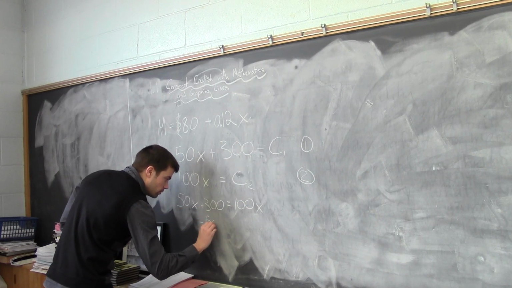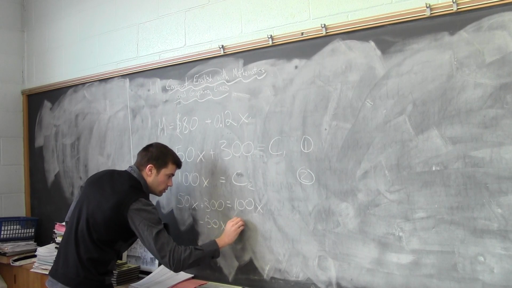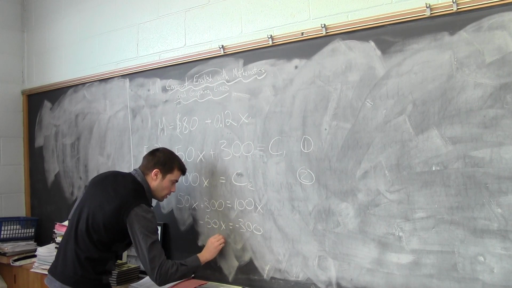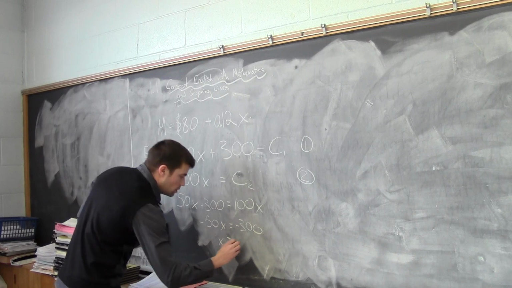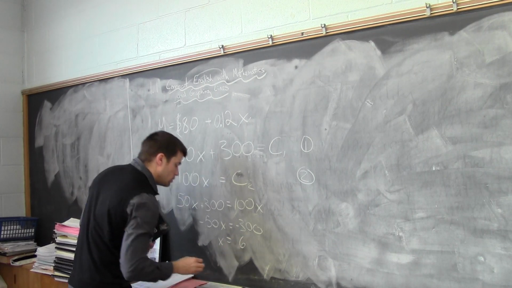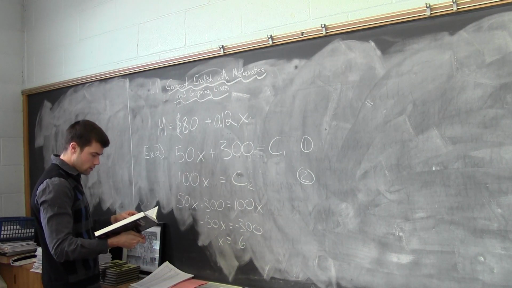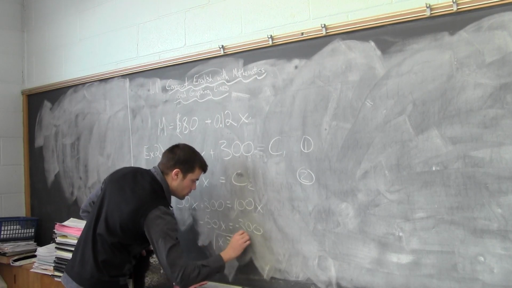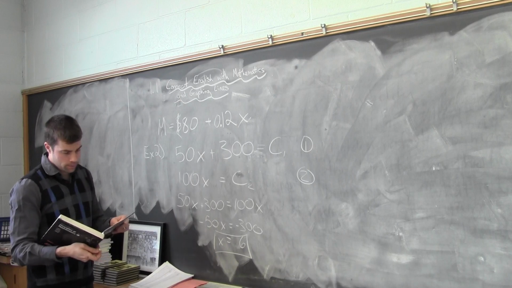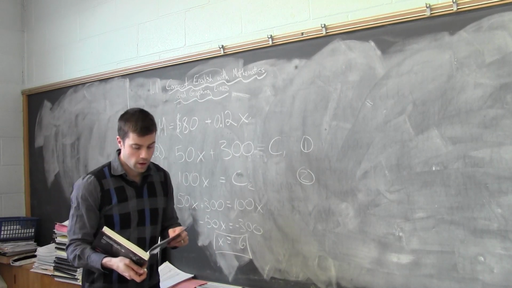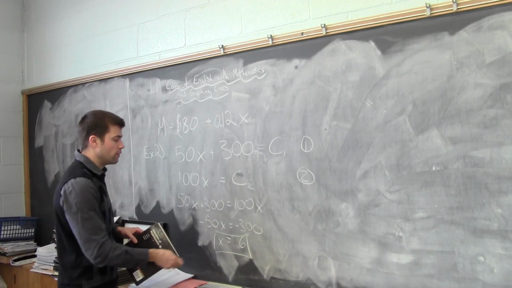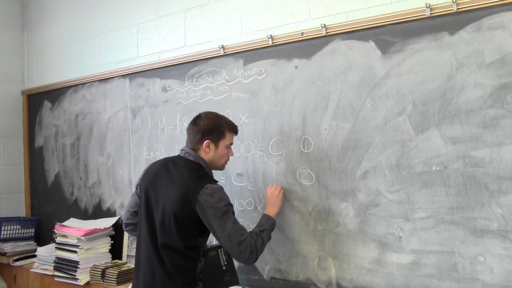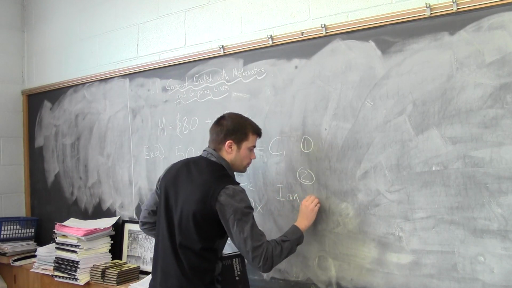So we have negative 50x is equal to negative 300. x is equal to, is that right? Yeah. 6? Yeah. It's a constant, x is equal to 6. Okay, how many hours will Ian have to fly? Ian will have to fly 6 hours.